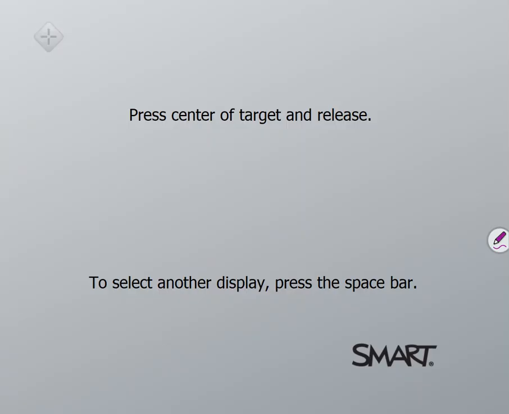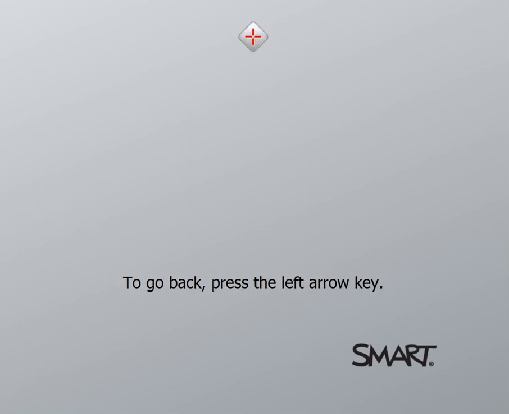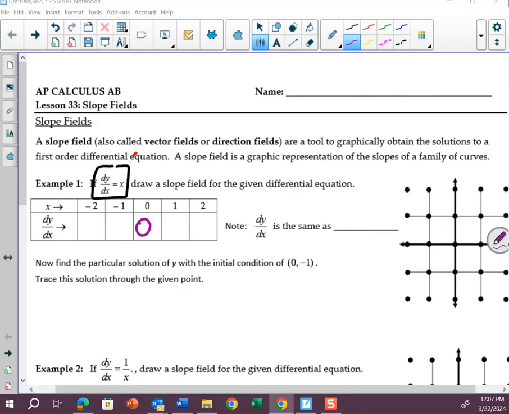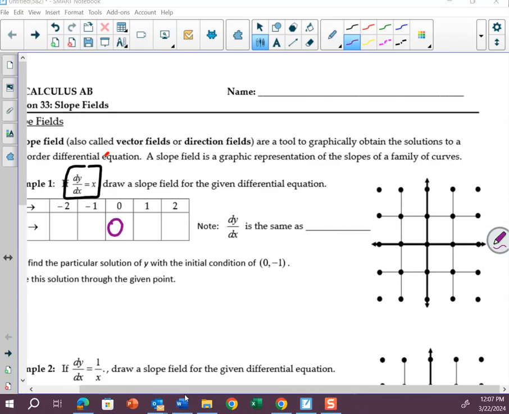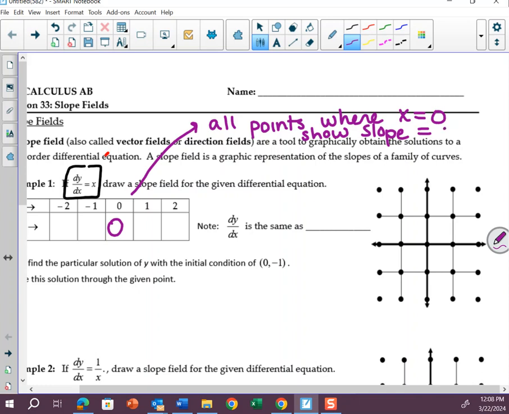So, for example, if x is 0, the value of dy dx would be 0. Now, how we're going to represent that graphically is we're going to go to, on a coordinate plane, every point. Okay, so all the points where x is 0, and we're going to show a little line that has a slope of 0.